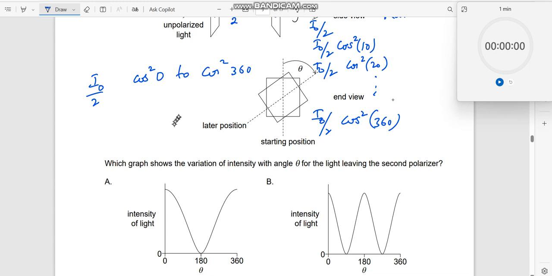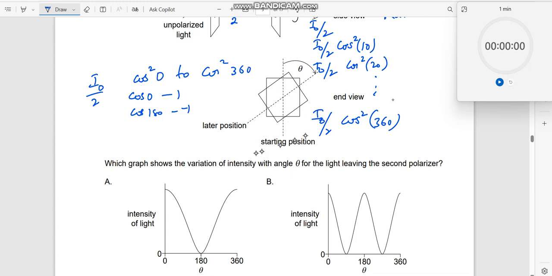Cos 0 is plus 1, cos 180 is minus 1, and between 180 and 270 you will have positive as well as negative values when it goes through one cycle.